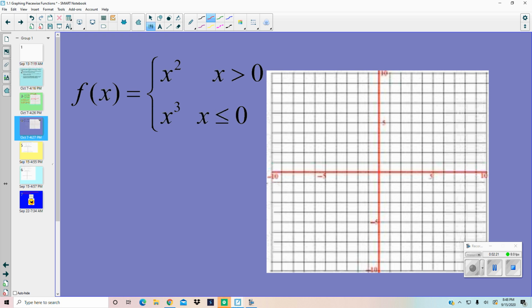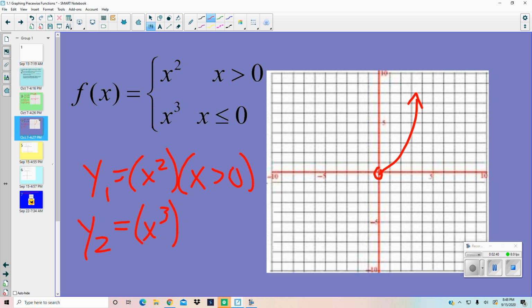We have y sub 1 being x squared, and then you're going to put in x greater than 0. That's a parabola, and it looks like this, but it doesn't include 0, so that's going to be an open circle there. Then you're going to do y sub 2, that's going to be x cubed, put everything in parentheses, and then x less than or equal to 0.